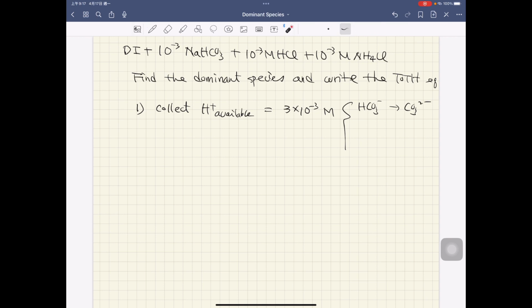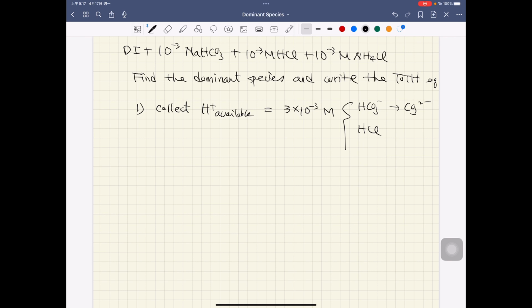This one, you have H here. So I asked the system, give it to me, I want to collect it first. So I got 10 to minus 3 from this one. That makes sense? And the second one, of course, is from HCl.